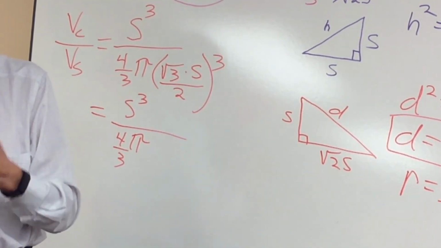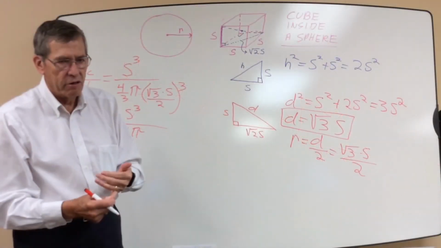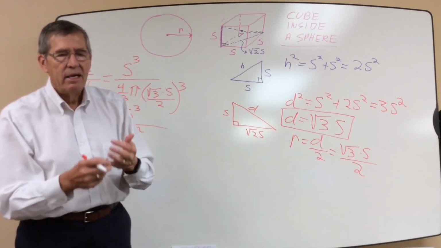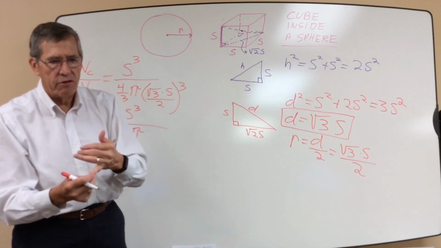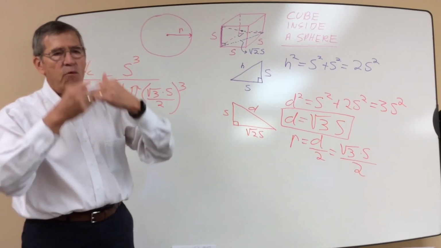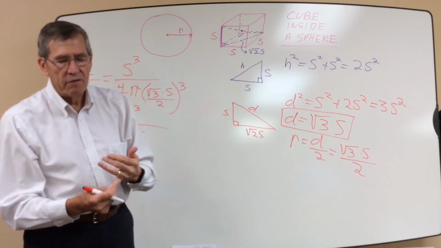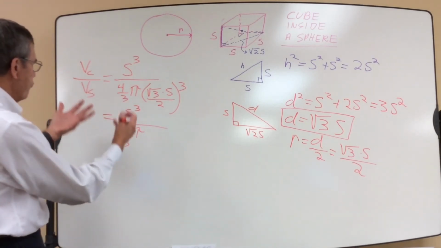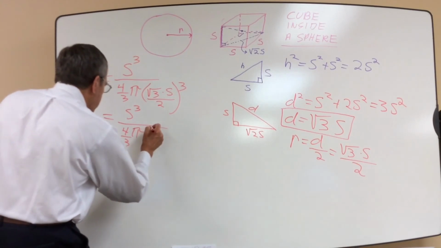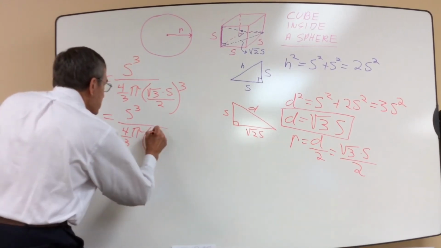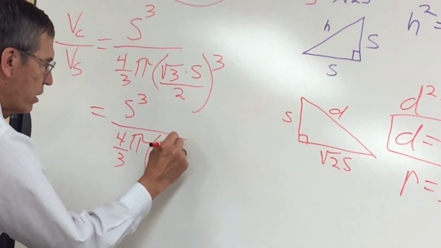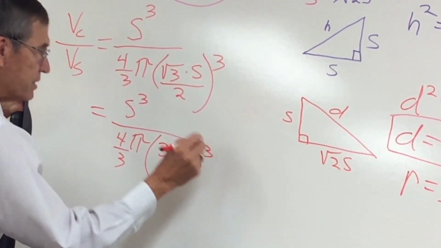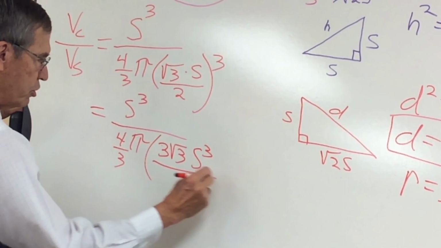You square it, which means you multiply square root of 3 times square root of 3, and then whatever that is, you multiply by square root of 3 again. So the square root of 3 times square root of 3 is 3, and one more multiplication of the square root of 3 would give us 3 square root of 3. So I'm going to keep the parentheses here for a second. So we have 3 square root of 3, that's the cubing of that. We have s cubed, that's the cubing of that, and 2 cubed is 8.